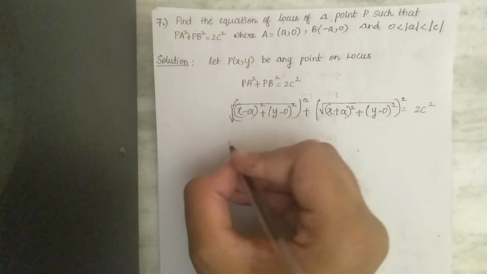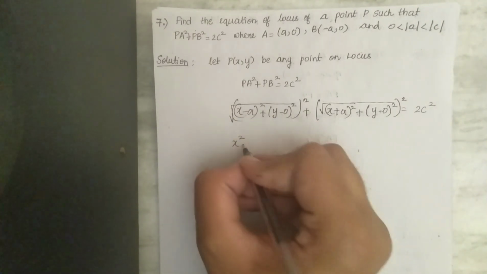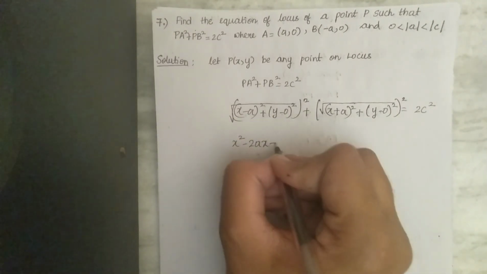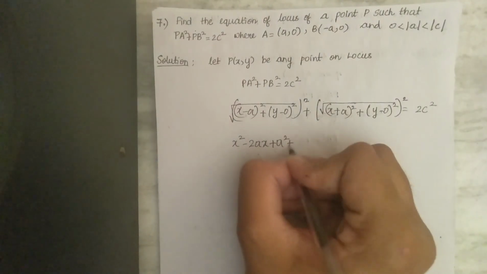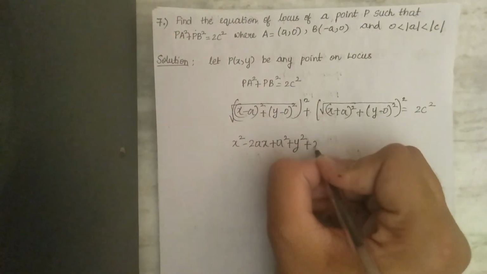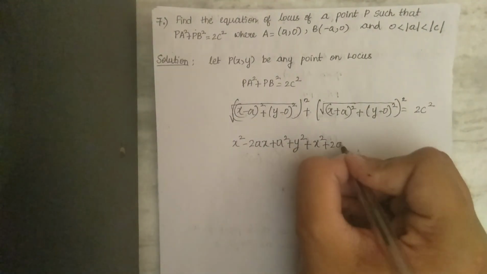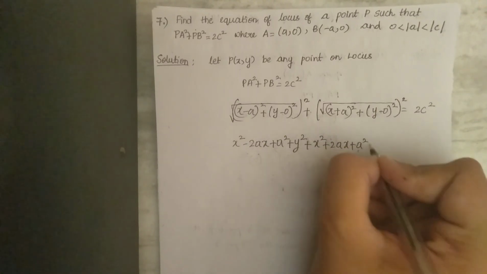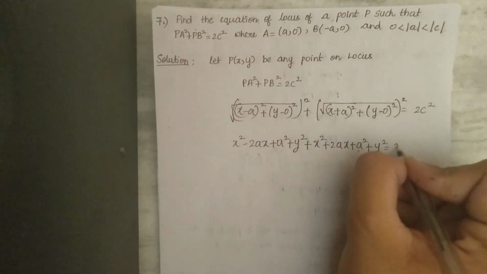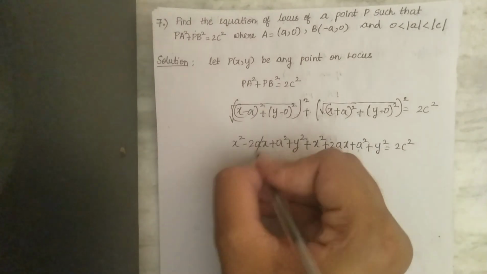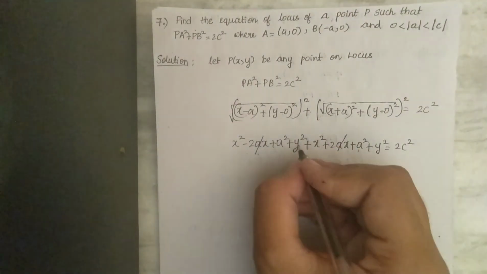So square and root will get cancelled, and expanding we will get x square minus 2ax plus a square plus y square, and here we will get x square plus 2ax plus a square plus y square is equal to 2c square. Minus 2ax plus 2ax will get cancelled.